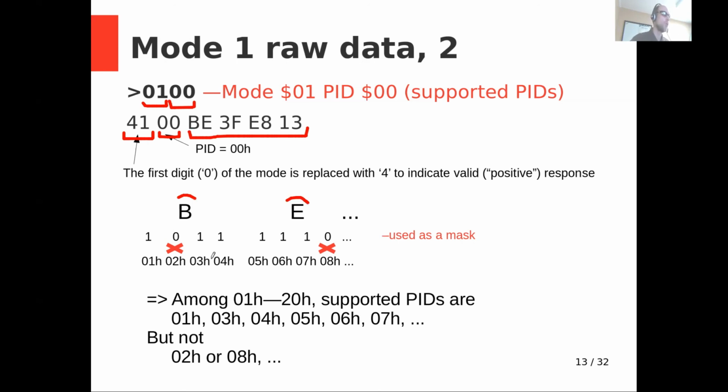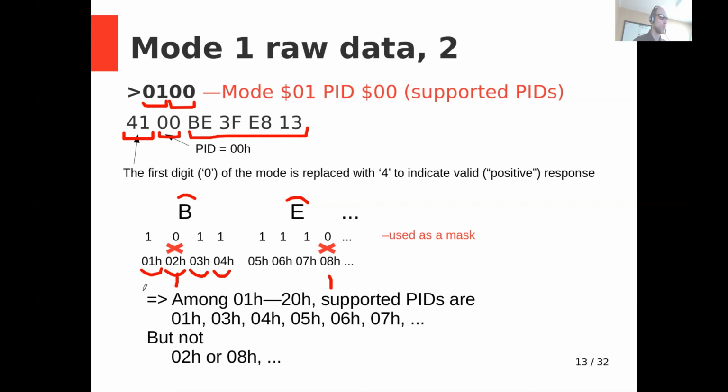And then what we need to do is to write under each binary digit the names of the PIDs starting from 01H. So 01H, 02H, 03H, 04H, and so on. In the places where we have zeros, it means that the PID is not supported. And where the digit is 1, it means that this PID is supported.